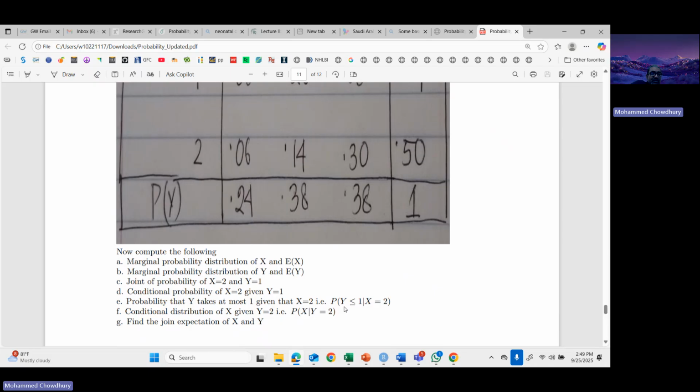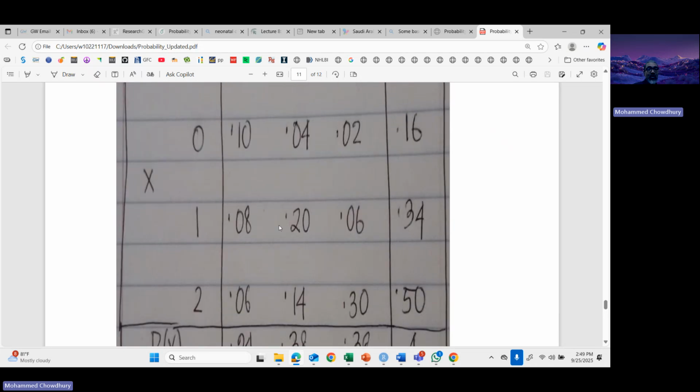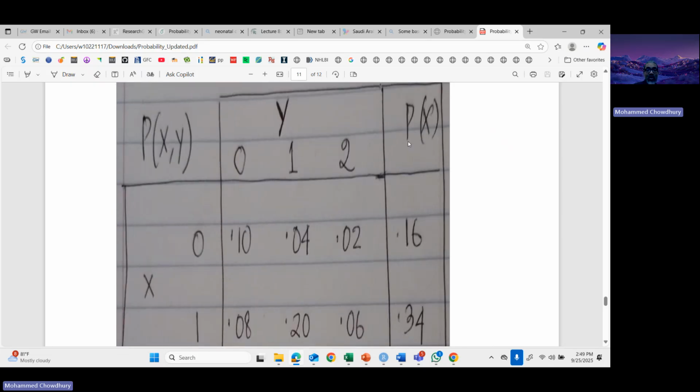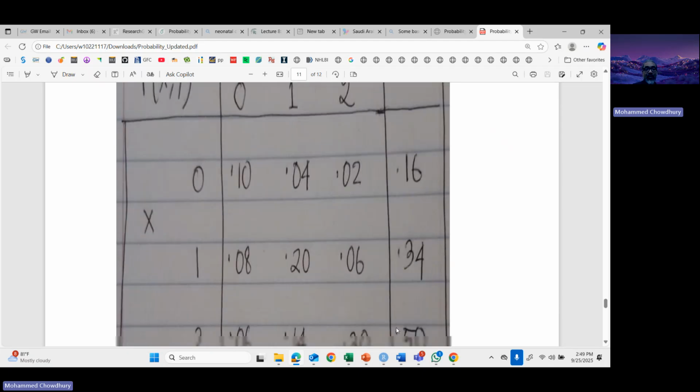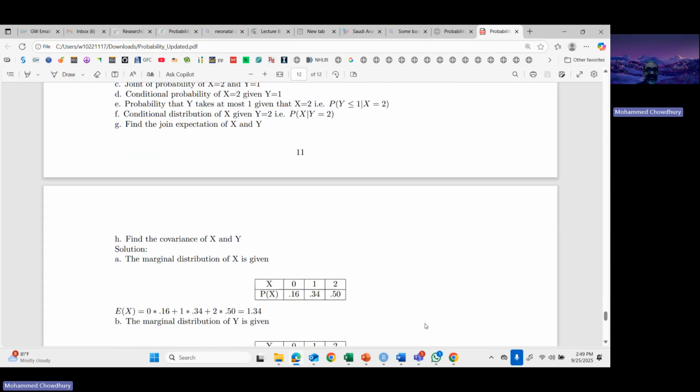The marginal probability distribution of X and the expected value of X. So this is my X, right? This is the marginal probability. If you add all of this, the probability of X equal to 0 is 0.16. Probability of X equal to 1 is 0.34. Probability of X equal to 2 is 0.50. This is what I constructed here.